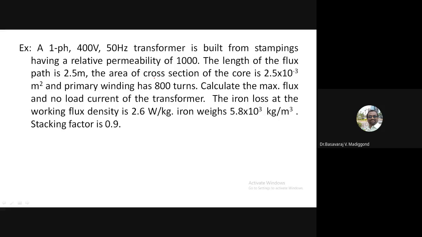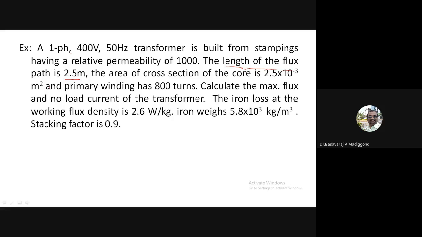See here. He has given the length of the flux path is 2.5 meter. What is this length of the flux path? LG, right? The area of cross section of the core is 2.5 into 10 raised to minus 3 meter square.